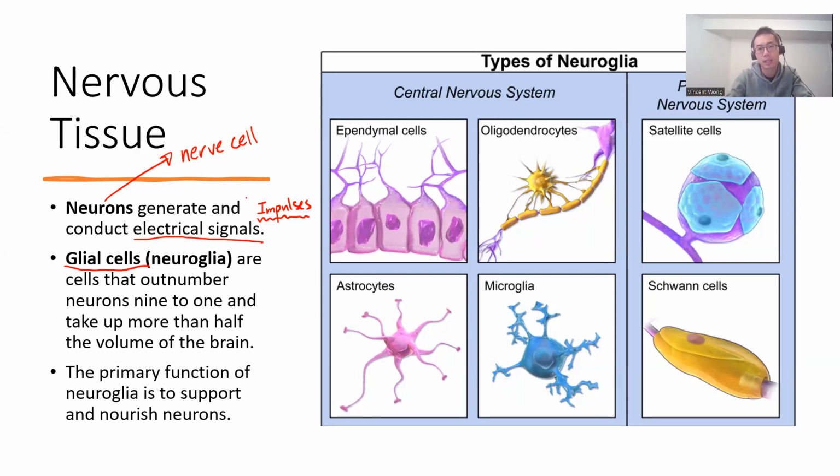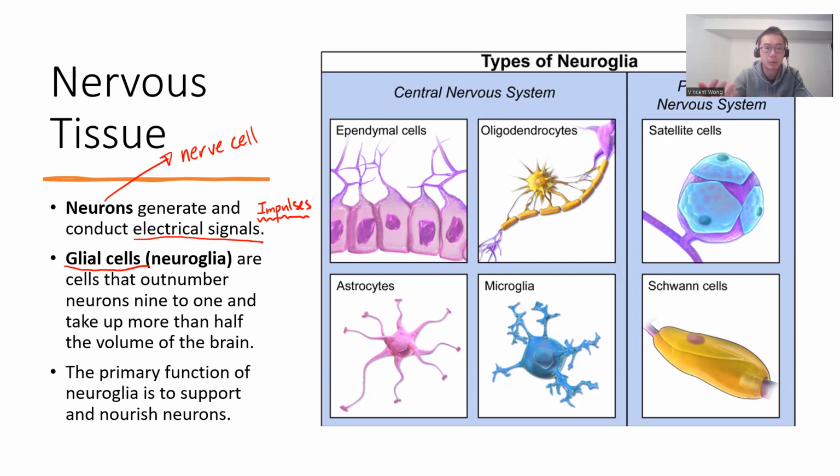These are cells that support, protect, and help nourish the neurons. They outnumber the neurons 9 to 1, and take up more than half of the volume of the brain. So there's a lot of these glial cells, certainly much more than the neurons themselves.